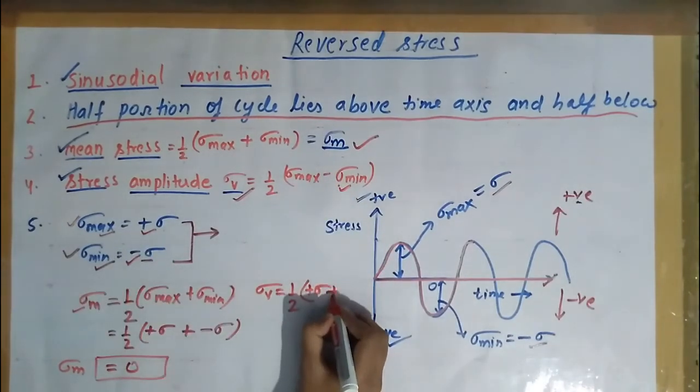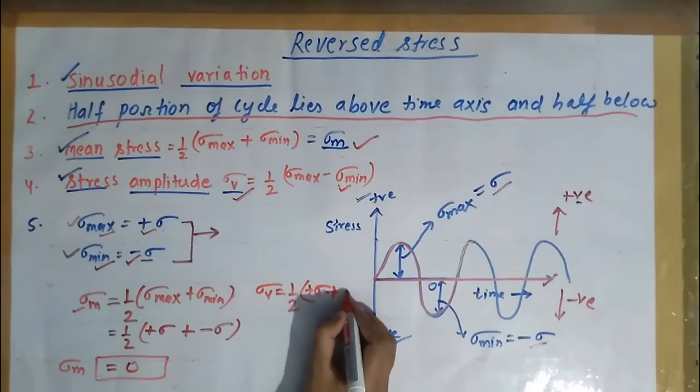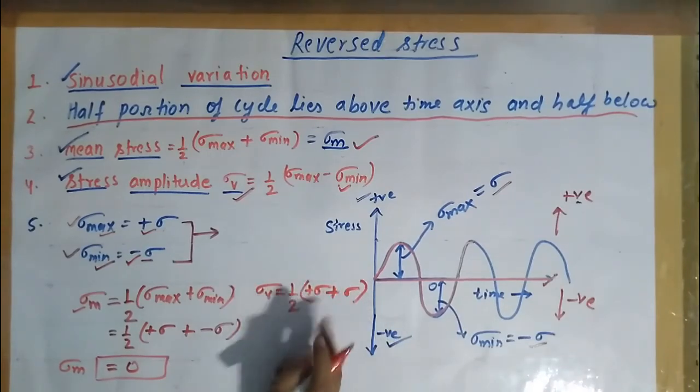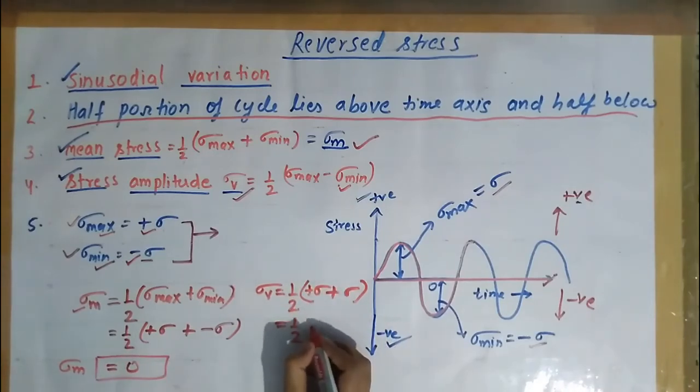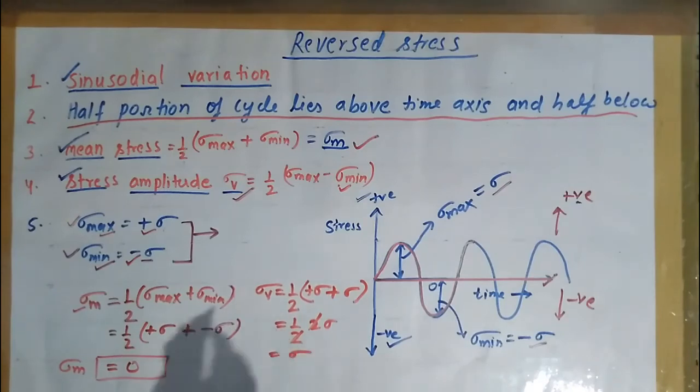Minus and minus will give plus, so this will be sigma plus sigma. So it comes out to be 1 by 2 times 2 sigma. The 2 cancels out, so we get sigma. So the stress amplitude sigma a is sigma. Those are the main parameters to be considered in the reverse stress condition.